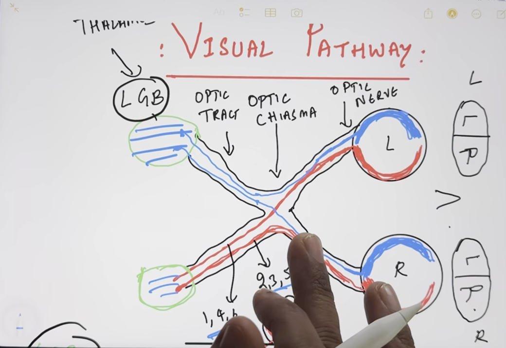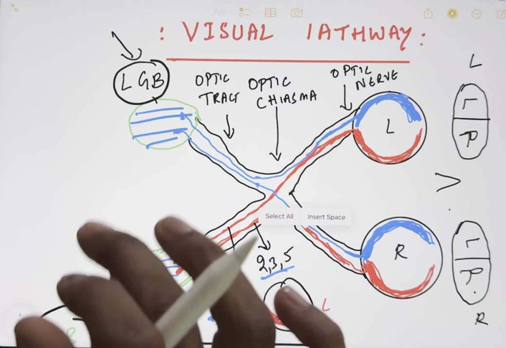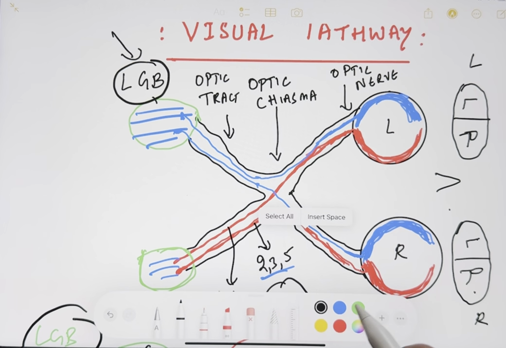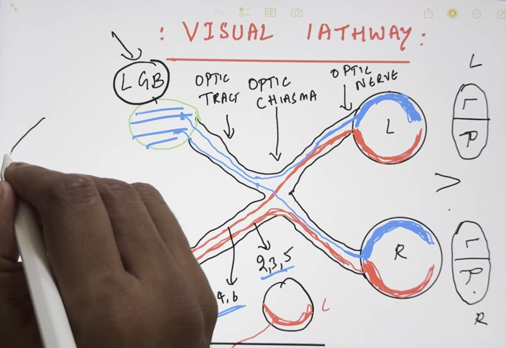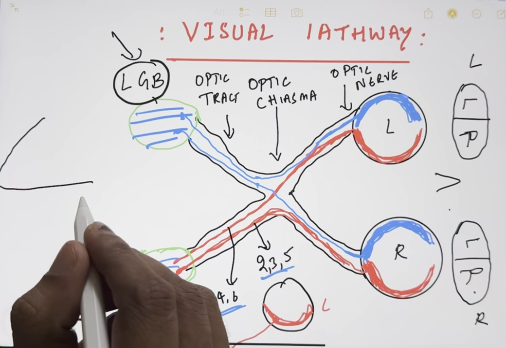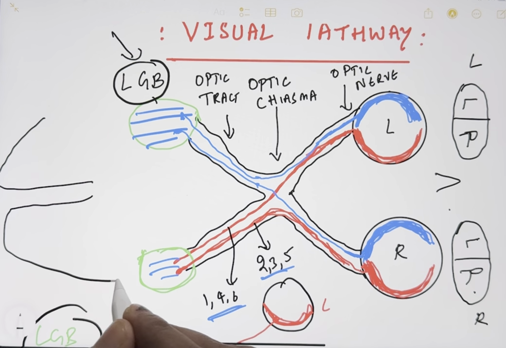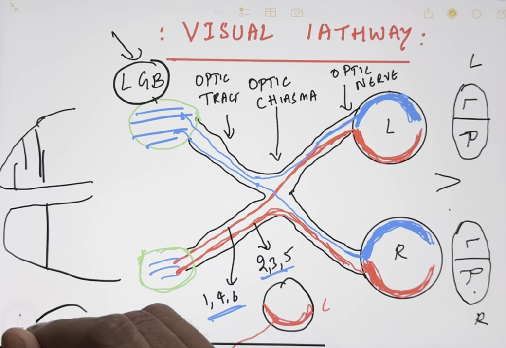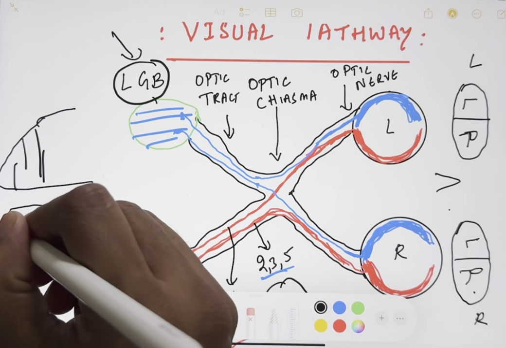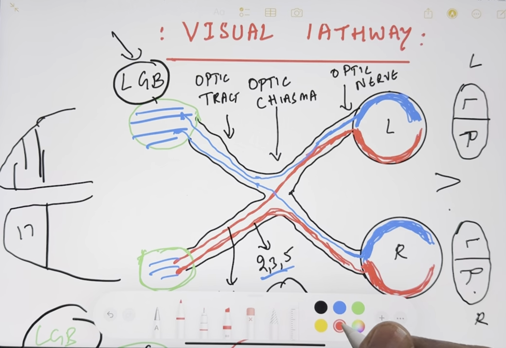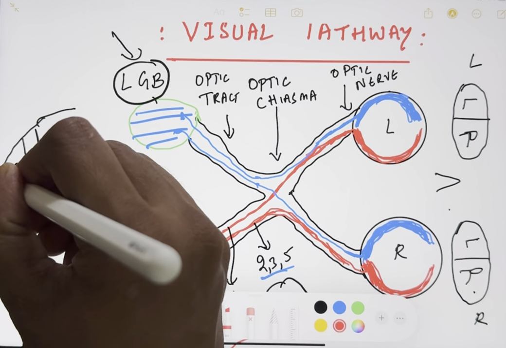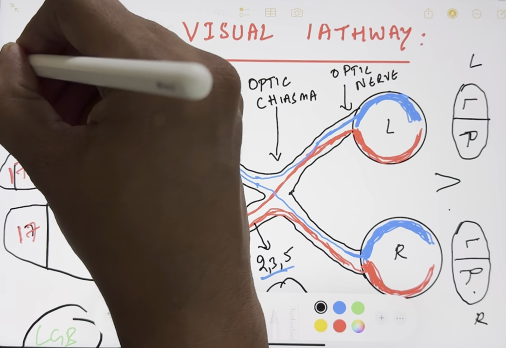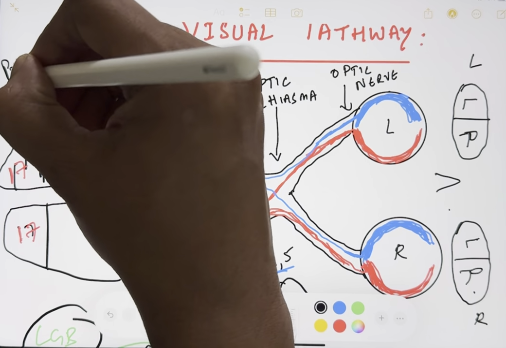Now, from this lateral geniculate body, the fibers will finally terminate in the occipital lobe, or the occipital cortex. That area of the occipital lobe is known as area number 17, or the primary visual area or primary visual cortex.